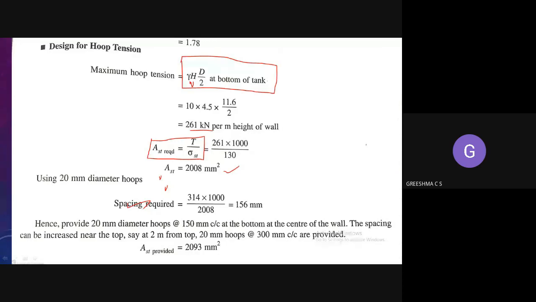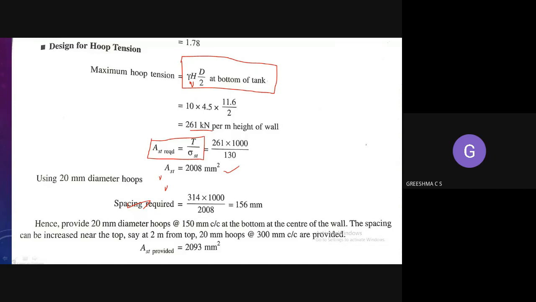It has to carry hydraulic pressure plus its own weight. So you have to provide adequate thickness for the reinforcement bars. Always on the safe side, you can go for 20 mm diameter bars, so use 20 mm diameter hoops.